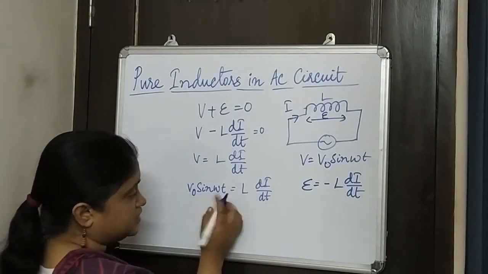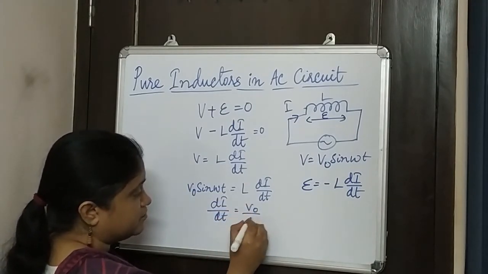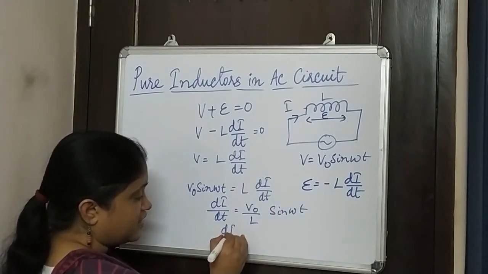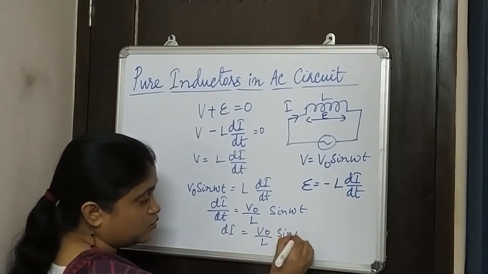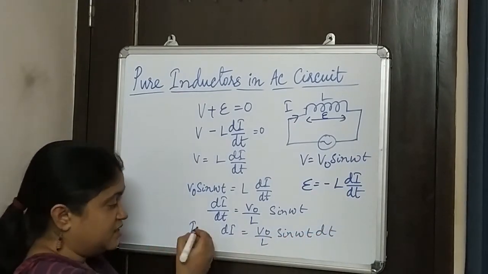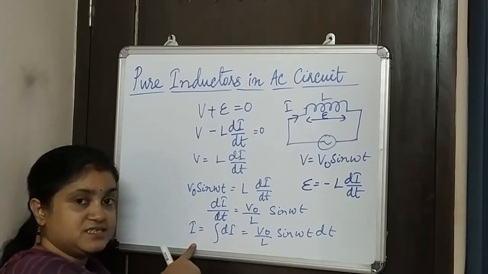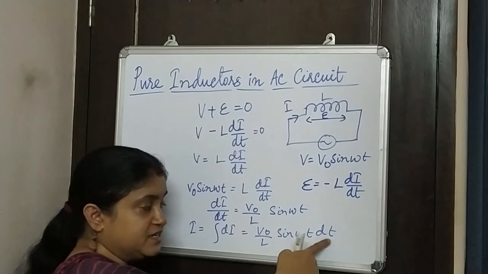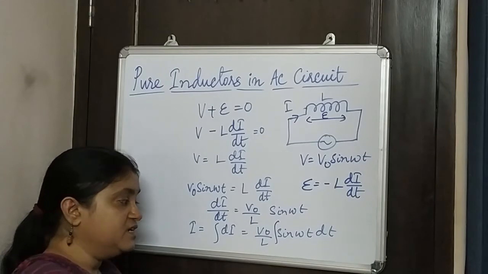Rearranging, di by dt is V naught by L sine omega t, or di is equal to V naught by L sine omega t dt. To get I, I integrate over di. Integration over di is nothing but I. On this side, there is already dt, so it is the integration of sine omega t dt.